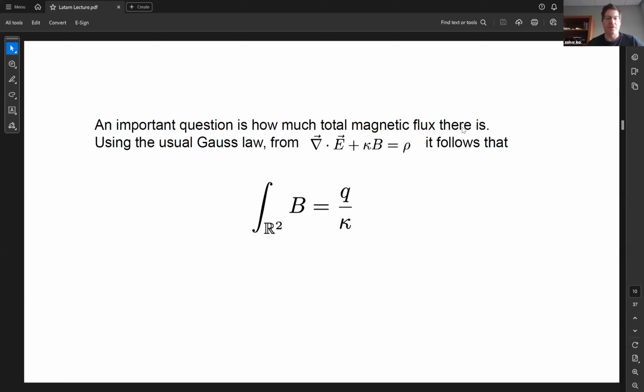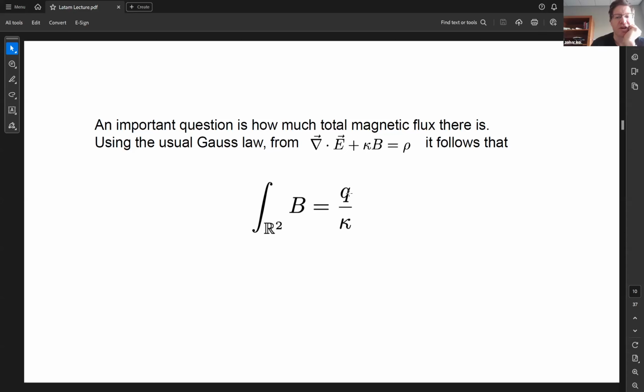And you can just use your Stokes theorem or whatever it's called, maybe Gauss law. You can use the Gauss law, integrate this equation, use the fact that the electric field decays exponentially to drop this term, and you'll find that the total magnetic field through the whole space is Q over kappa. Kappa is the Chern-Simons coupling. It's a new fundamental constant.